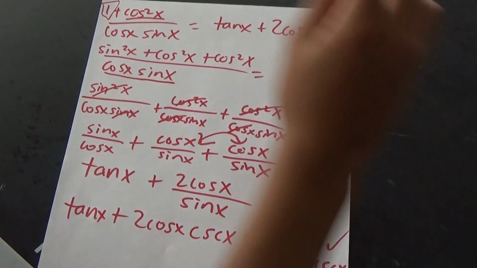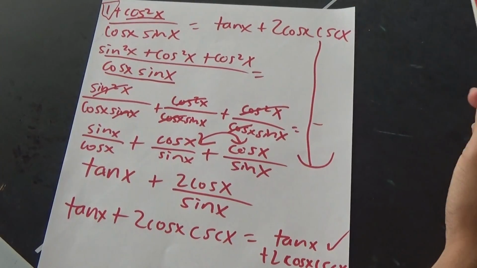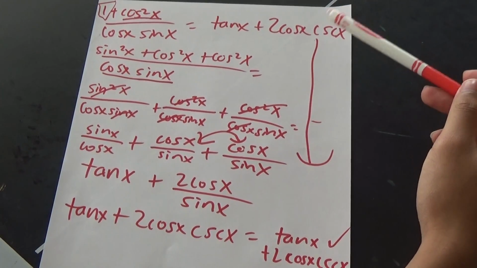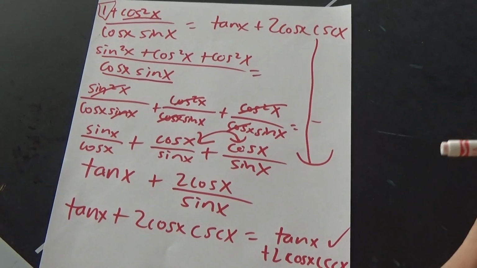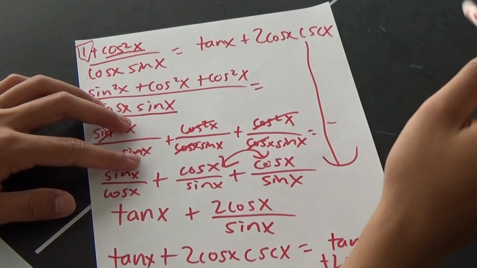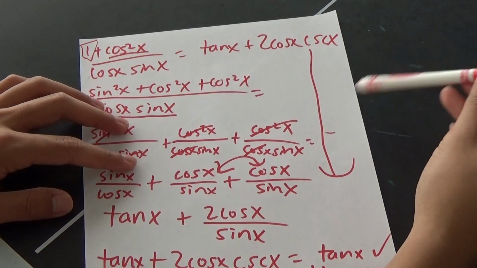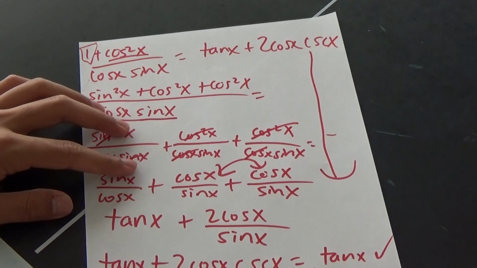So, just one thing I need to say. Whenever you're dealing with this kind of trig equation where it's sort of difficult and you have no idea where to even begin, take a look at the answer, okay? The answer will always give you some clues as where you need to work or which direction you need to go in.